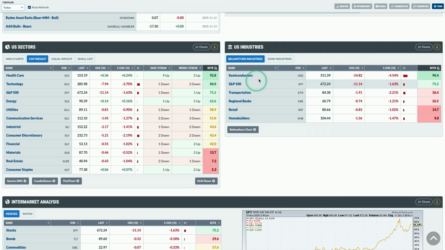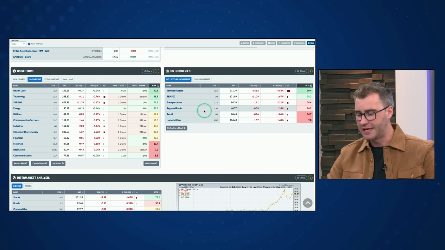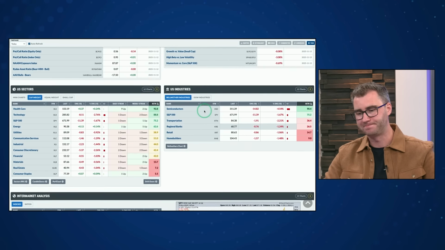When all of these, except for semiconductors, are actually lagging the S&P 500, that's not really great. Retail and home builders especially being so low definitely tells me that's a little bit more of a defensive posturing from those bellwether industries. Those typically lead or lag the market. So that's another one that I am keeping a close eye on.